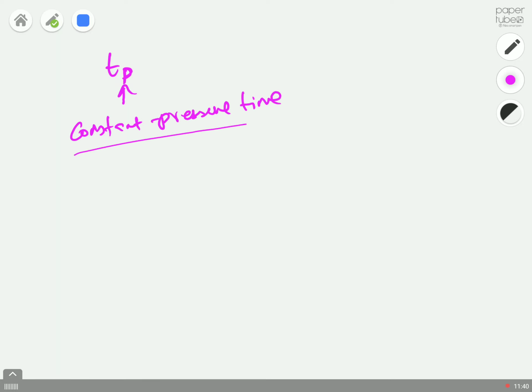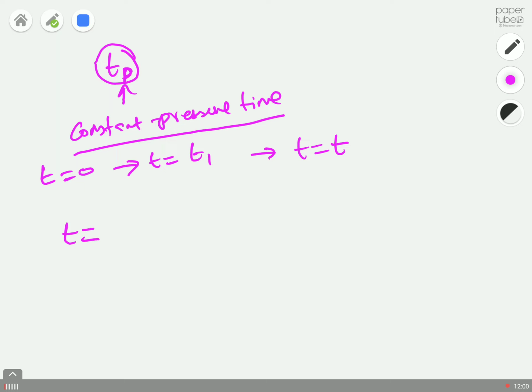We need to give notations, if not it's very difficult to solve this problem. So what we have here is T equal to 0 to T equal to T1 to T equal to final time T, and the total filtration time will be equal to T1 plus Tp.